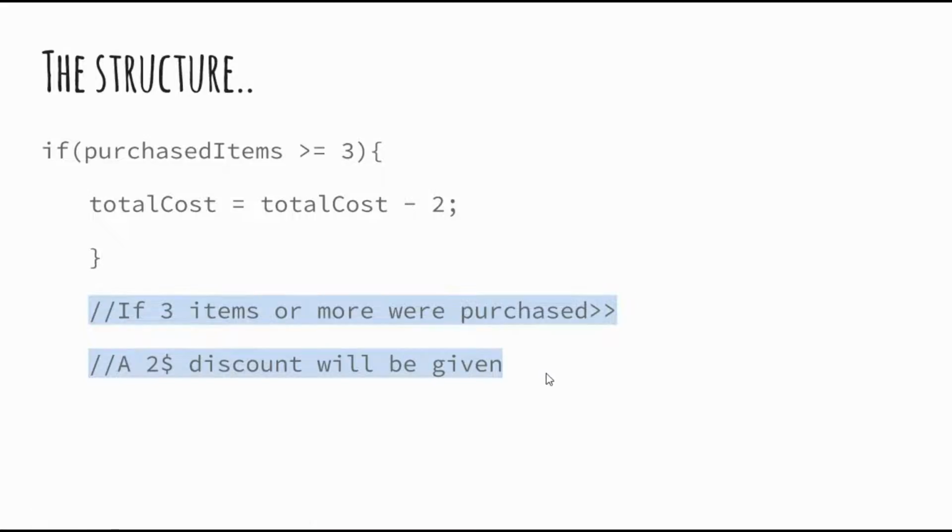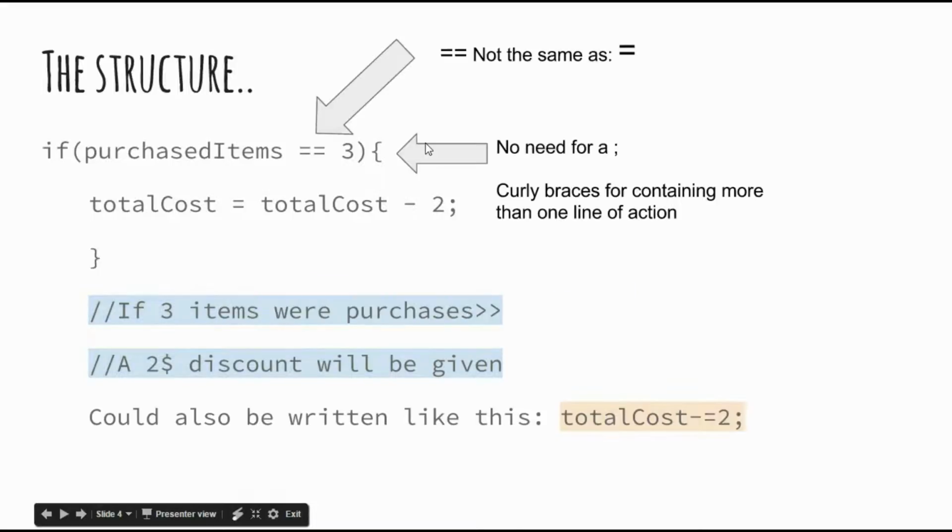Also, when declaring an if statement, you don't need a semicolon. You will just need to open curly braces that will include the actions that will follow if the if statement is valid. In this case, you don't have to have curly braces, since there's only one action written below the if statement.